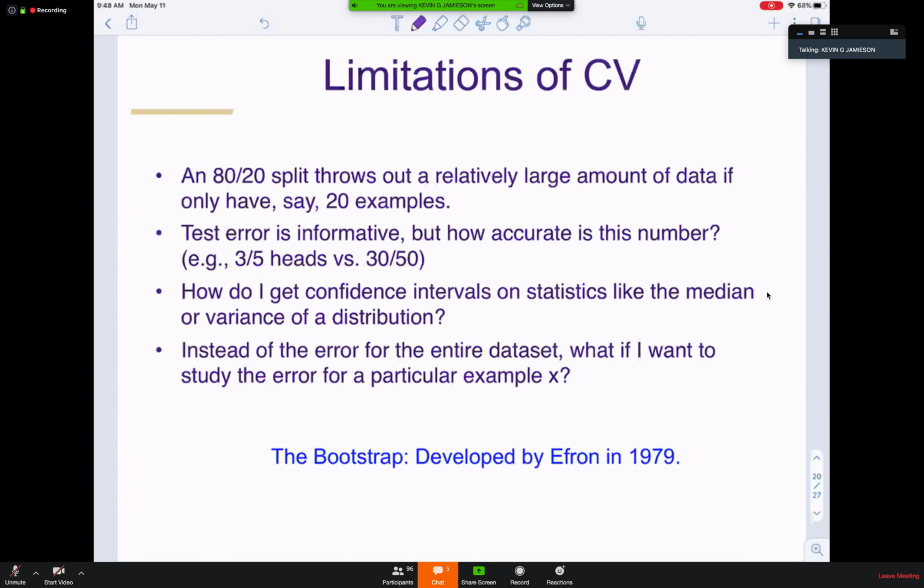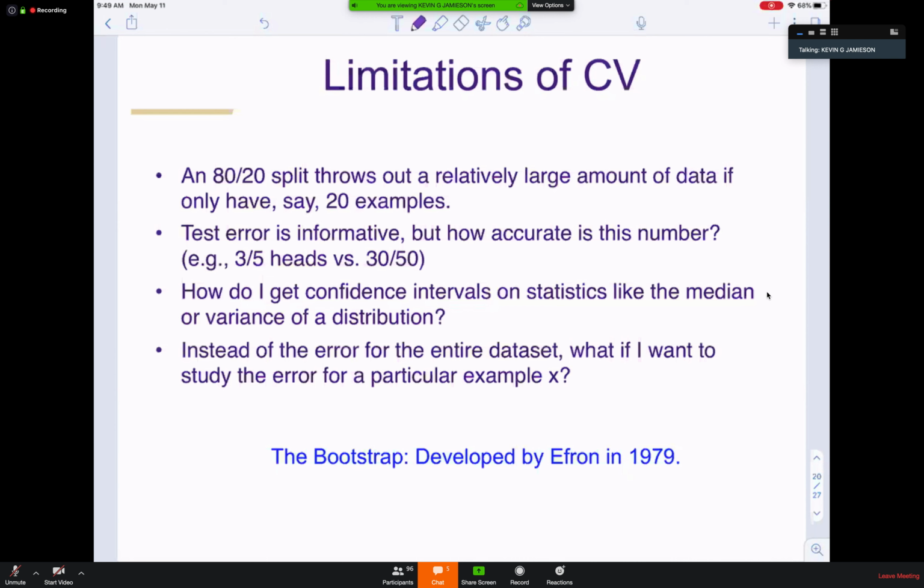And one example I really love about the Bootstrap is, you're telling me that the classification error of your entire data set is 0.75. But what about this particular point? Yeah, over the entire data set, it's a 0.75 error rate. But I have this patient in front of me, and I want to know what is the probability that this person has cancer.